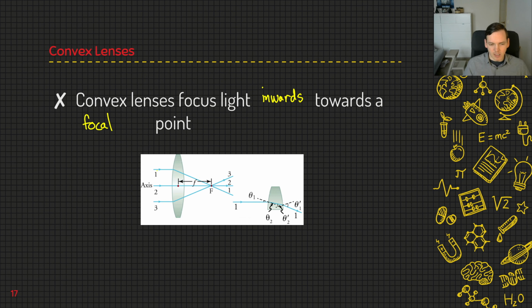If you have rays 1, 2, and 3 coming in from the left, as they go through the lens they get pointed inwards, and you notice that all 3 of those rays intersect at the focal point F here.